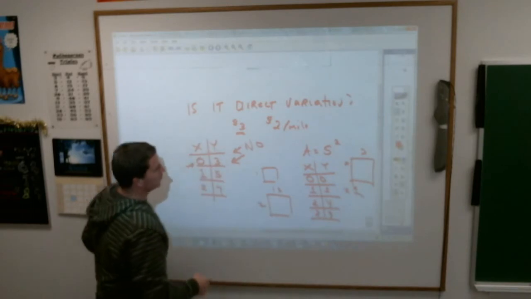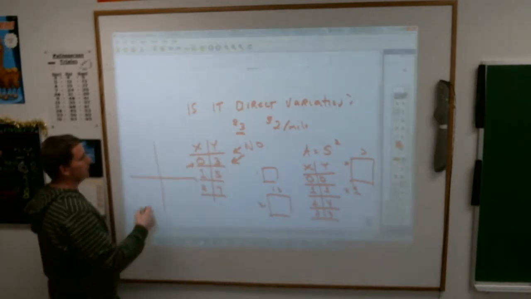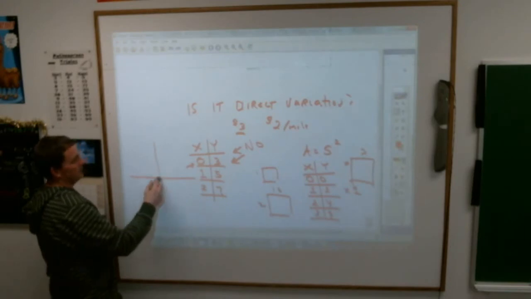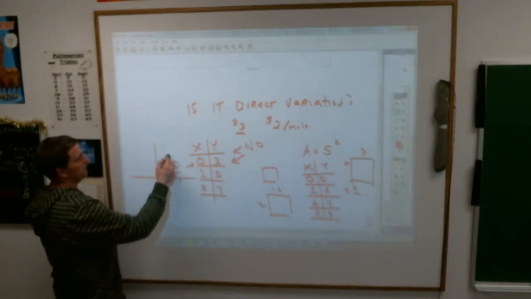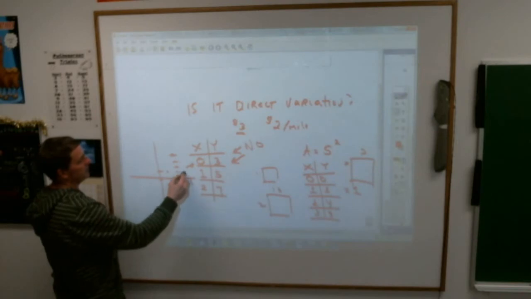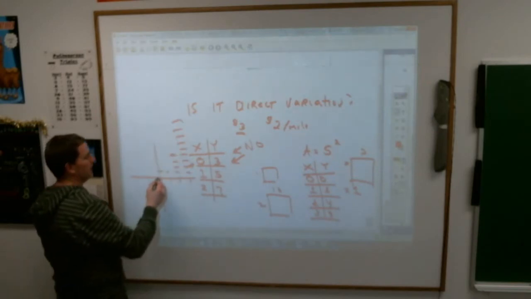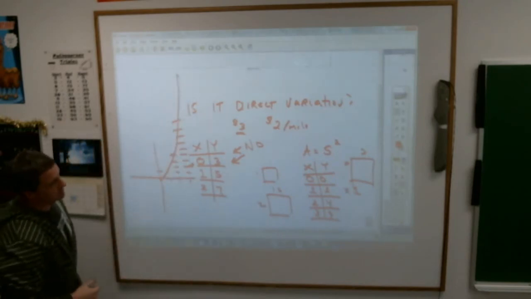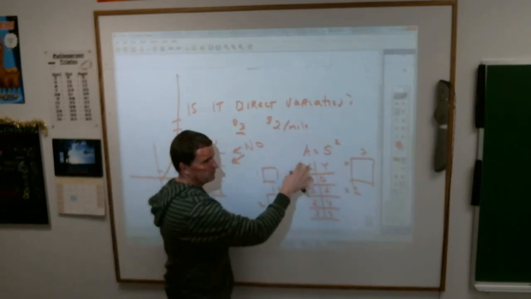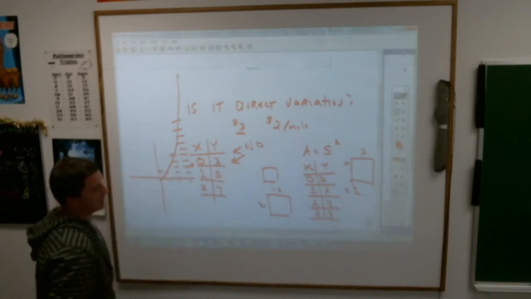If you graphed this, you know what the graph looks like? Of course you don't, because you've never graphed it. 0, 0, 1, 1 looks like this. 2, 4 looks like this, and 3, 9 looks like this. It's not even a straight line, it's a little curved thing, it just keeps shooting up like this.